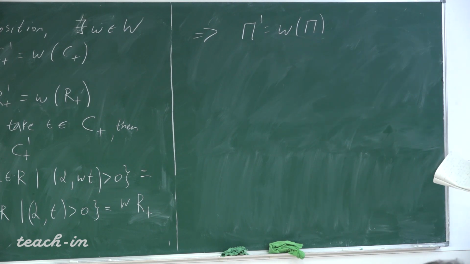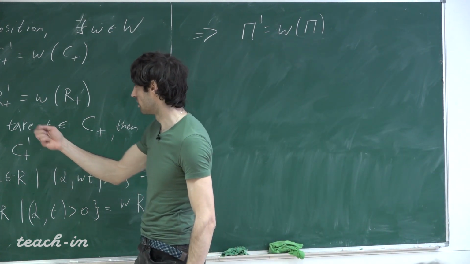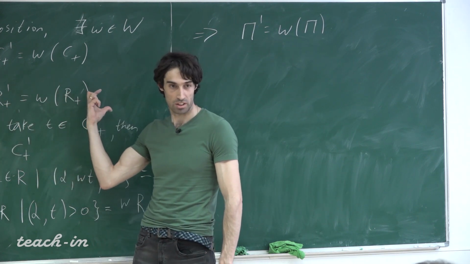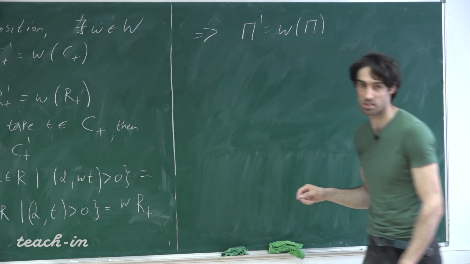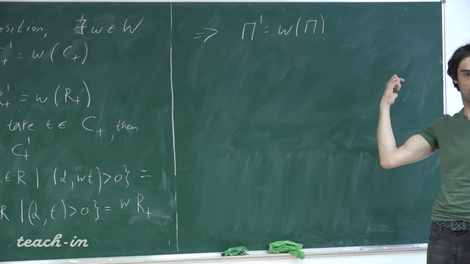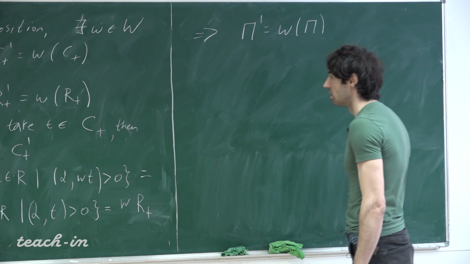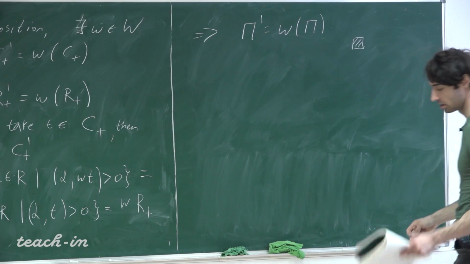Well, W is a linear map. Right? So if I took some root in here which was sum of 2, then it's sum of 2 here, and the other way around, right? So W is linear map, so therefore we have this. If I started with something which is not the sum of 2, then I end up with something which is not the sum of 2 there. Okay. So we're done with the proof of corollary.